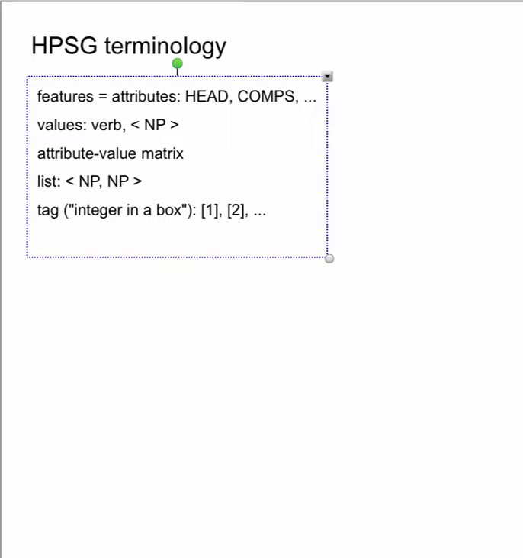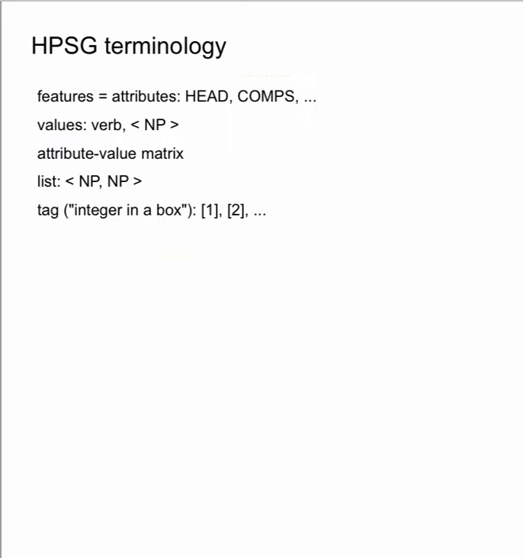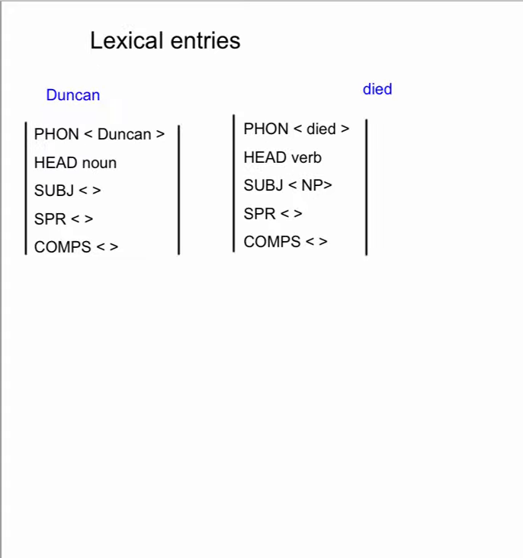Before we go to the syntactic analysis, let's just repeat some HPSG terminology. So things like head and comps and phon, we call them features or attributes. These features or attributes have values, such as a verb or a list containing a noun phrase. We saw this earlier here. So for the verb died, we've got these attributes or features, and these are followed by their values.